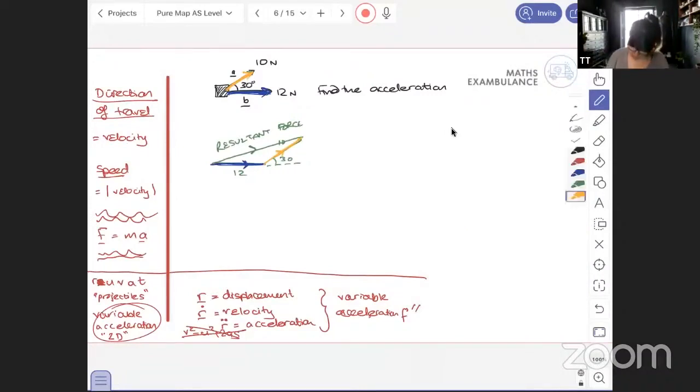Now that's 30 degrees, and therefore this must be 150 degrees. And then I can find the length of the resultant force using the cosine rule. Okay, this one's length 12. This one's length 10. So I can find the magnitude of the resultant force using the cosine rule.